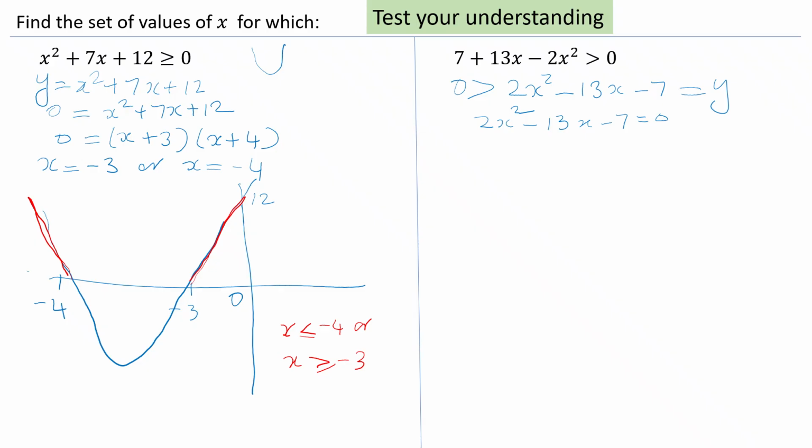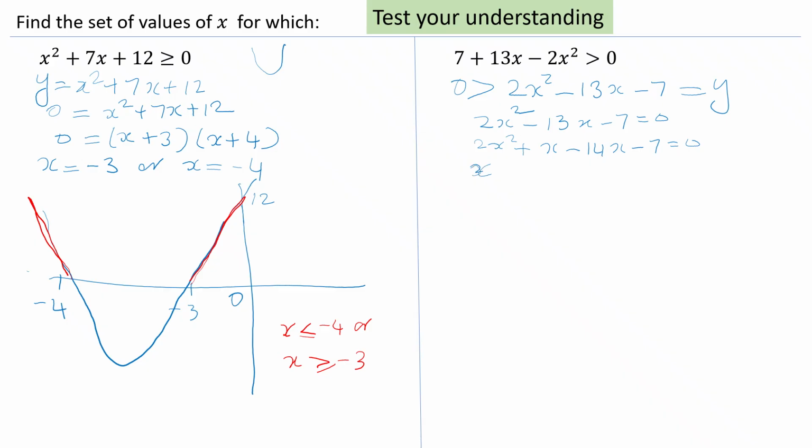If you multiply to 14 and add to negative 13, so 2x squared plus x minus 14x minus 7 equals 0. So factorize.